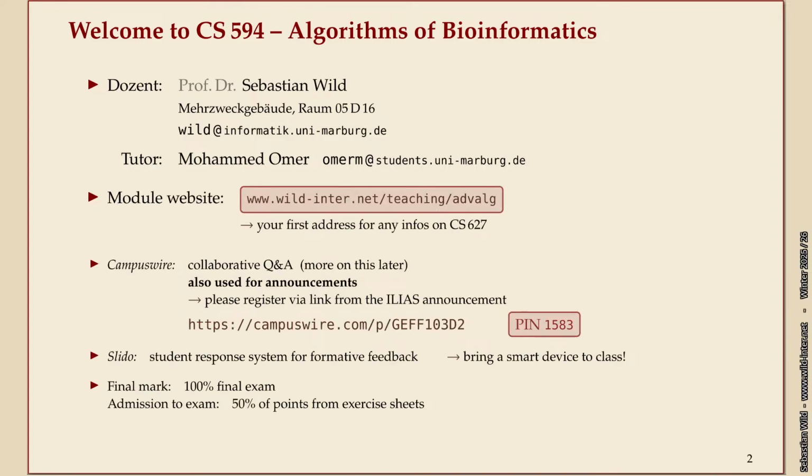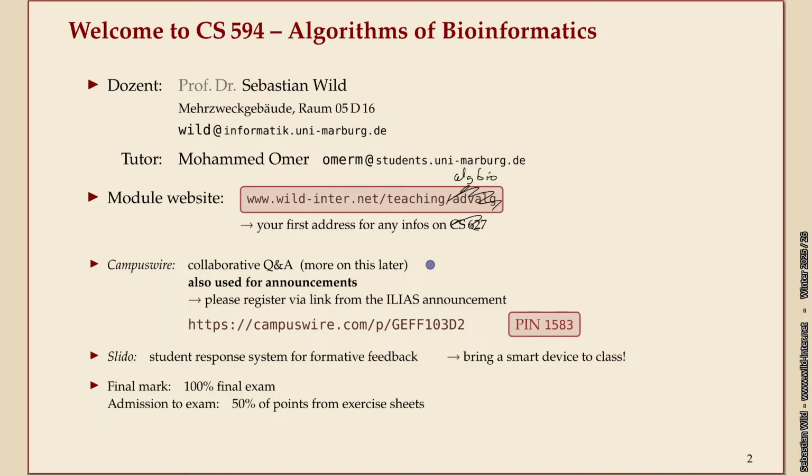This is obviously AlcBio, but the link is also on the Elias course that you will have seen. As always, I'm trying to get you connected outside of the lecture as well, outside of the class where we meet anyways.